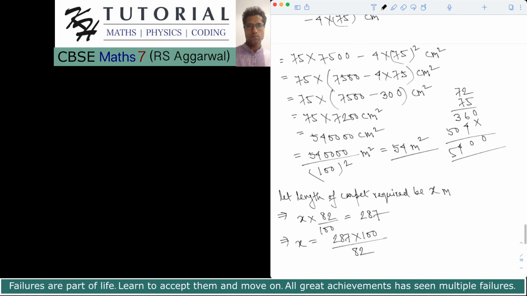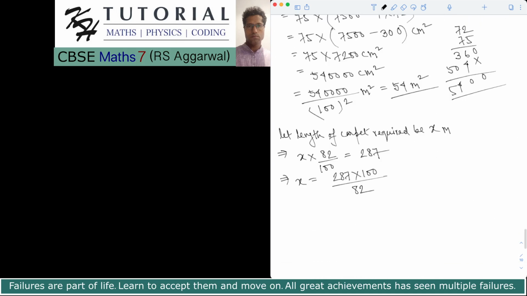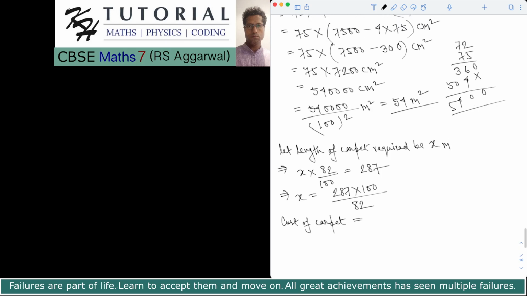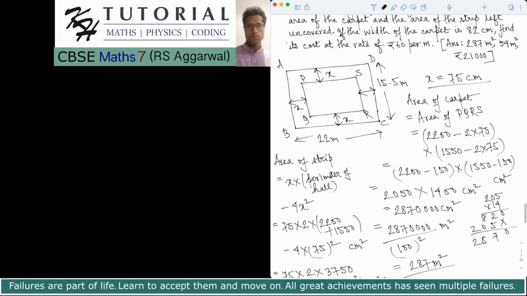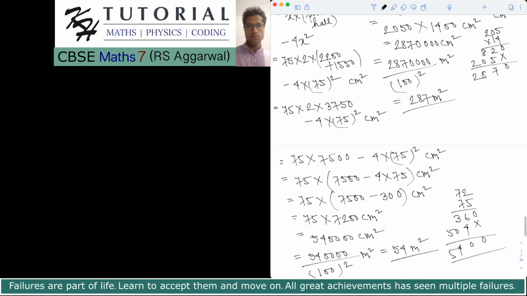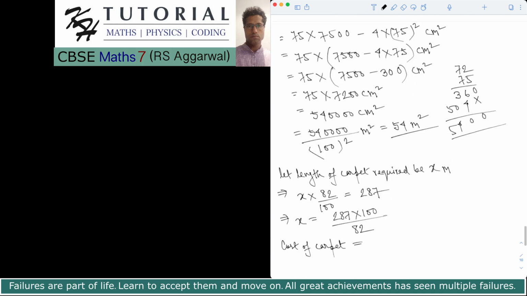Now, what will be the cost of the carpet? The cost of the carpet is rupees 60 per meter, and we need x meter length of the carpet.